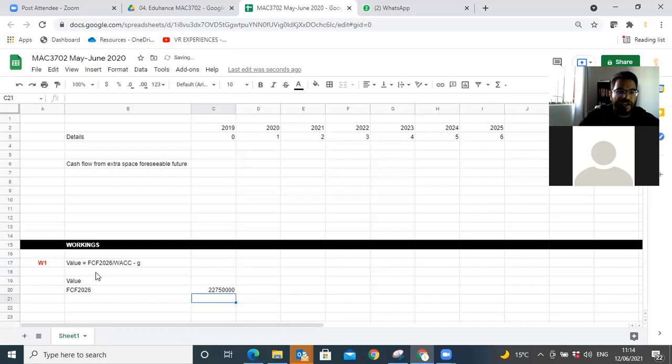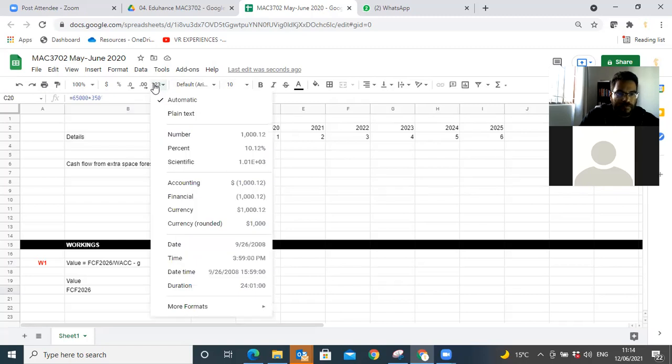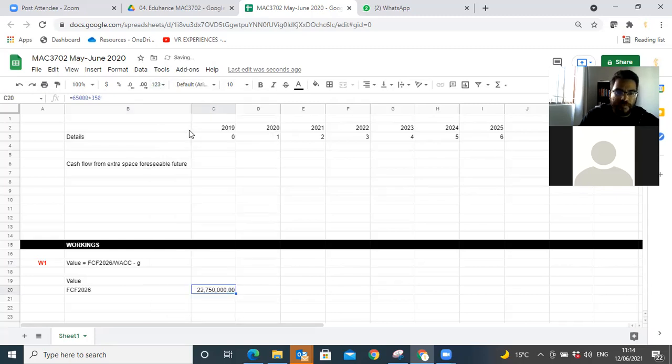Okay, so each year, all the stores will generate that amount of money, 22,750,000 Rand. We don't know what WACC is, so I'll leave that out. And then we know the growth rate, they told us the growth rate is 4.8%.